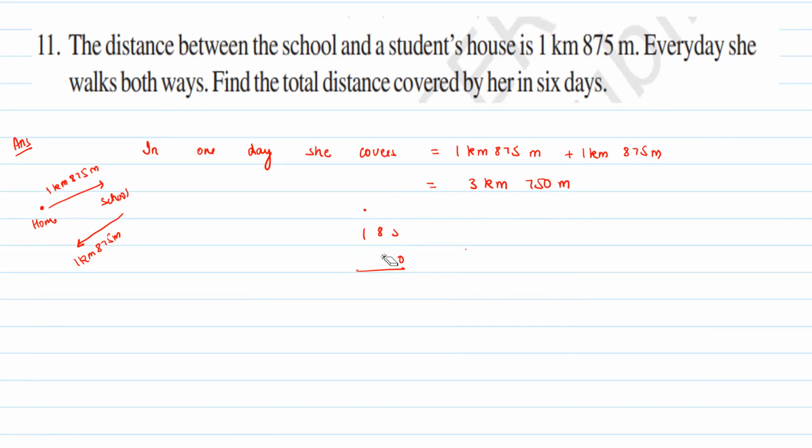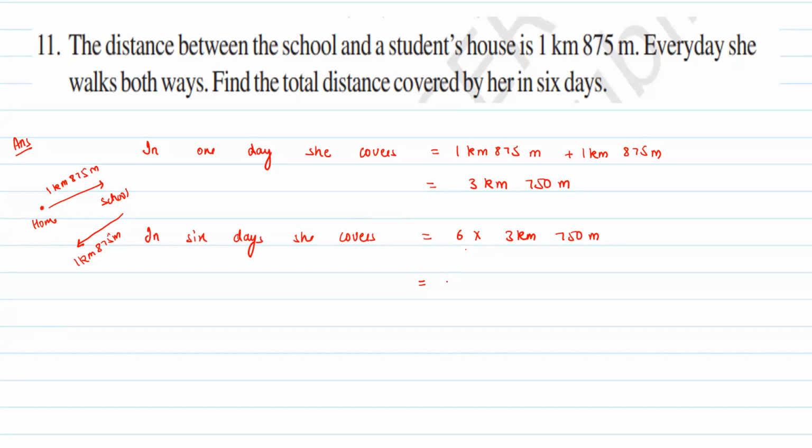Now the question is asking about 6 days. In 6 days, how much distance will she cover? In 6 days, she covers 6 into 3 kilometers 750 meters. You can convert it also because we know 1 kilometer is equal to 1000 meters.